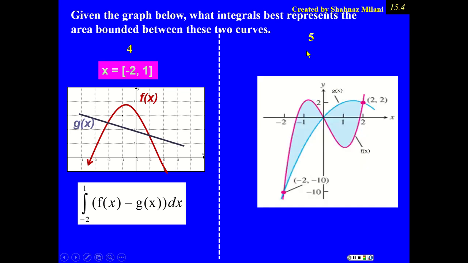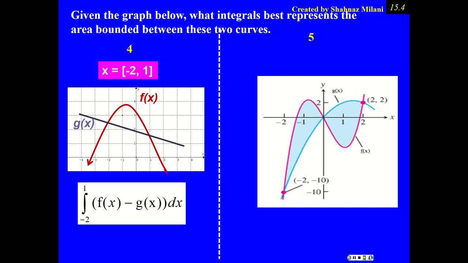Again, in this problem, I have f of x as the pink graph and g of x as the blue graph. When you pay attention to this graph, these two equations intersect with each other when x is -2, right here when x is 0, and right here when x is 2.